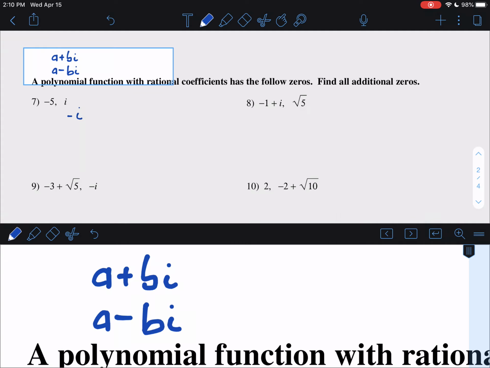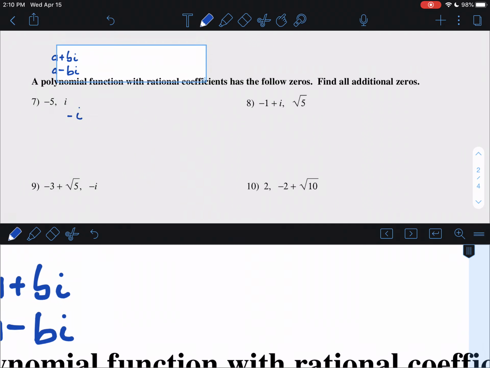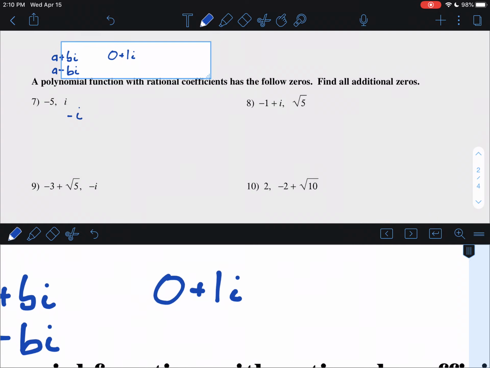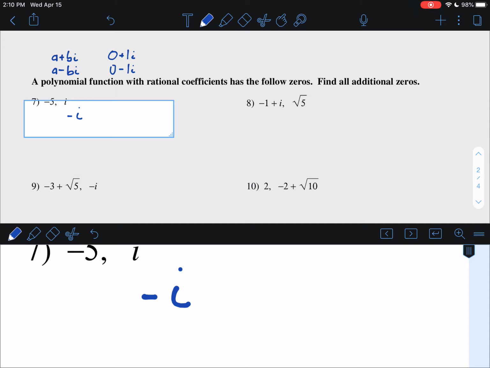In this case, we just have i, which is like 0 plus 1i, where 0 is a and 1 is b. So I also have to include 0 minus 1i, and minus 1i is just -i.